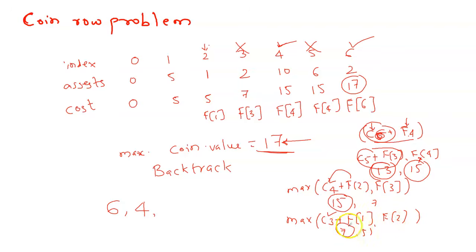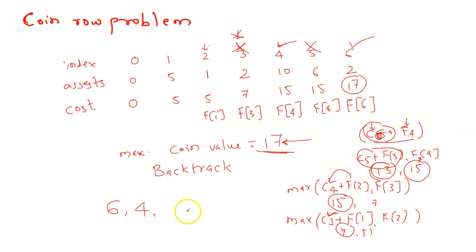Out of this, 7 is the maximum. We got 7 because of C3, and then they try to pick this C3, which is wrong, because as the definition indicates, we should not pick the adjacent coin. That means we should not pick the third one. We have to go to the second one and see whether we have to pick it or not. Very important, please keep this in mind.